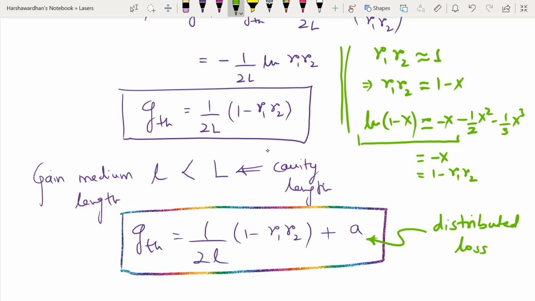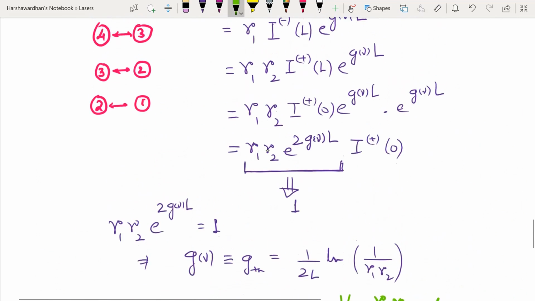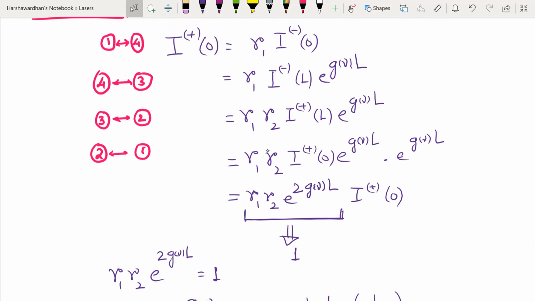One important point which I want to emphasize: clearly, the gain threshold is giving you a measure of loss. It is not a measure of gain. What it is telling you is that that is the minimum level of gain beyond which lasing action can happen. Below this value of gain, the gain is going to shut down.